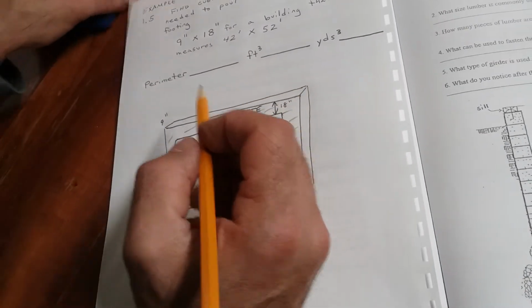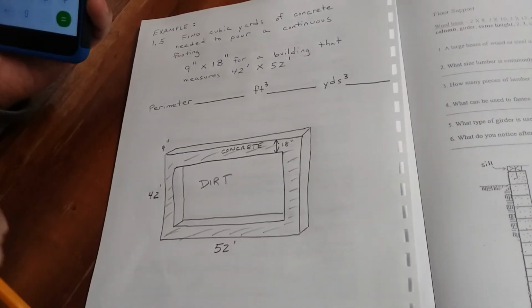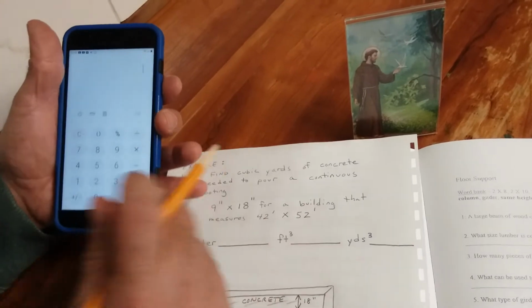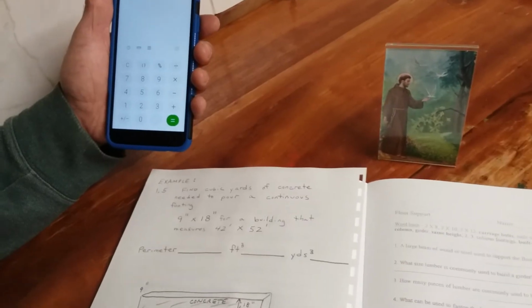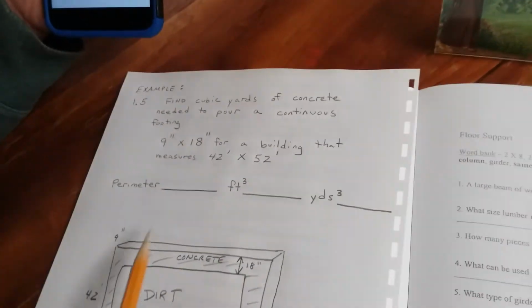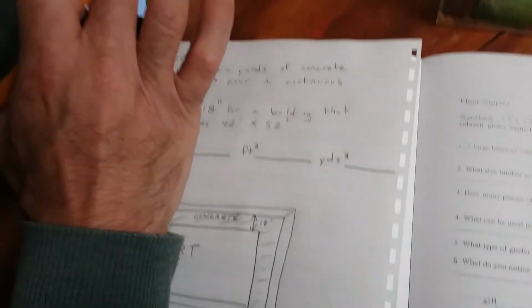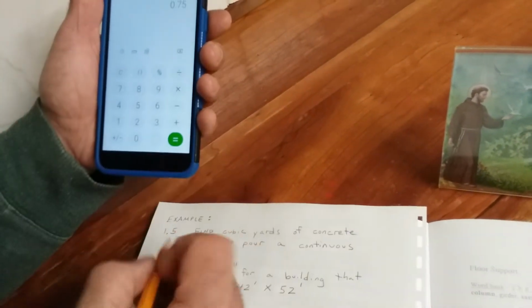Okay, first of all, you got to get everything into feet. Okay, so what's 9 inches in feet? So 9 divided by 12. Okay, this footing is 9 inches by 18 inches. So I got to change this into feet. So 9 inches divided by 12 equals 0.75.